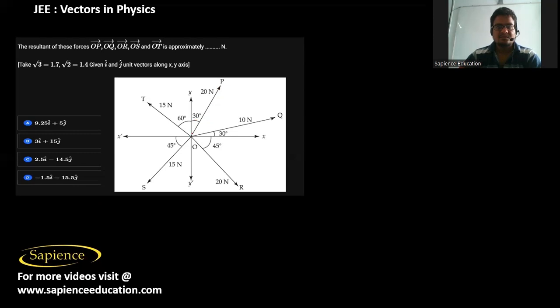So the component of the P vector will be 20 cos 30, and here it will be 20 sin 30, plus the component of this 10 Newton force, that will be plus 10 cos 30, and the component of this 20 Newton force will be plus 20 cos 45 degrees.